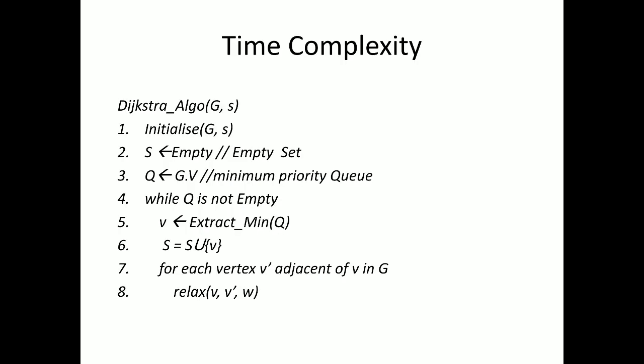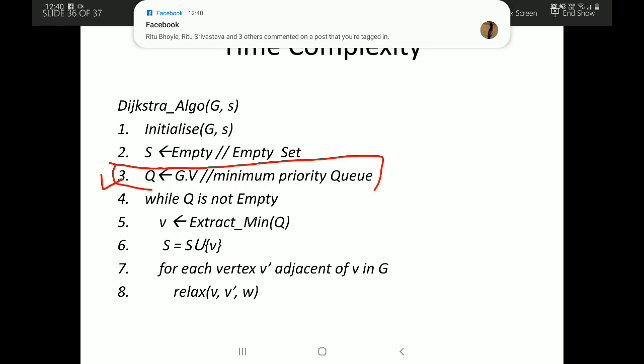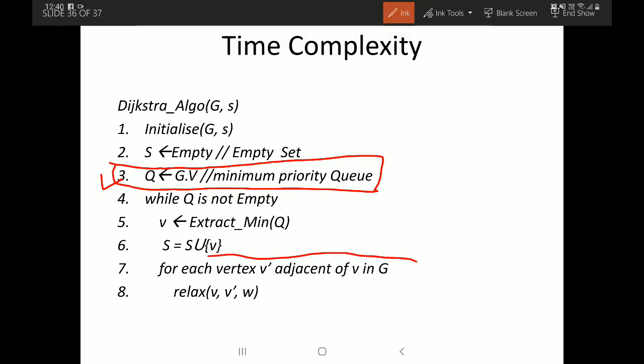If we talk about the time complexity of the Dijkstra algorithm, it depends on two things. One is how we have implemented the priority queue, that is step number 3, and the other is how we are representing the graph.